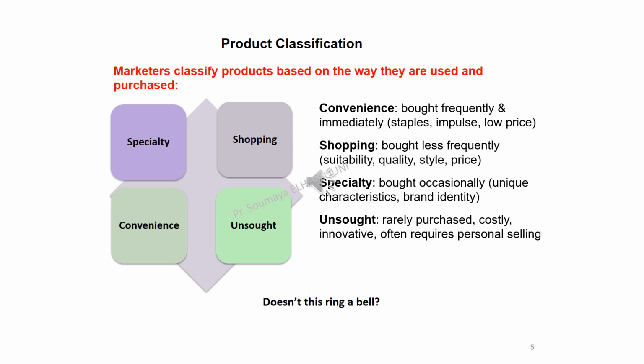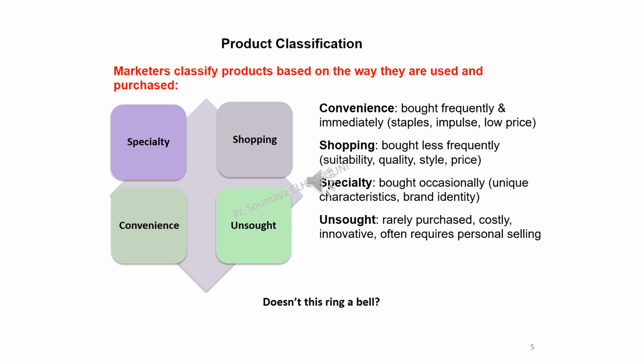And the fourth and last one is the unsought products. Unsought products are products that are purchased very rarely, because most of the time customers would not buy them unless they really feel a particular need or are compelled to buy them. Like, for example, life insurance or emergency services.